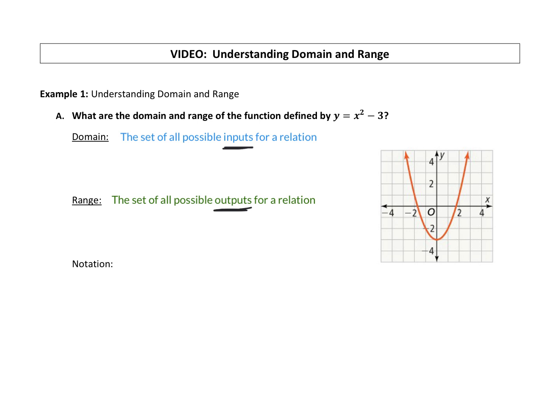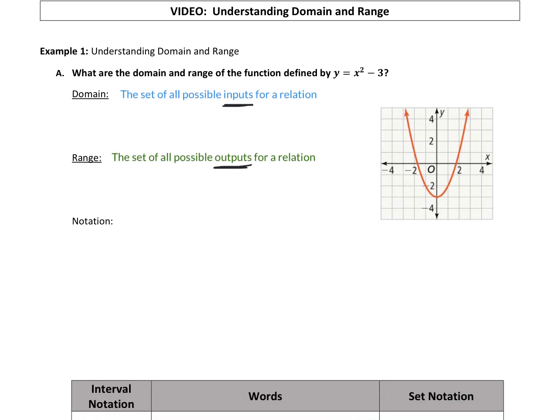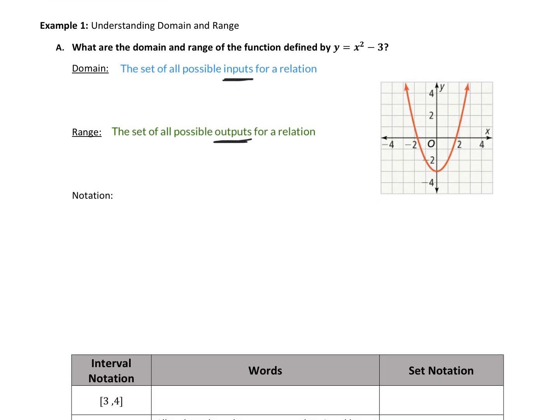So we have a couple types of notation that we're going to use when we are defining our domain and range. The first one is called set builder notation. So I'll write that out with you guys. Set builder notation.